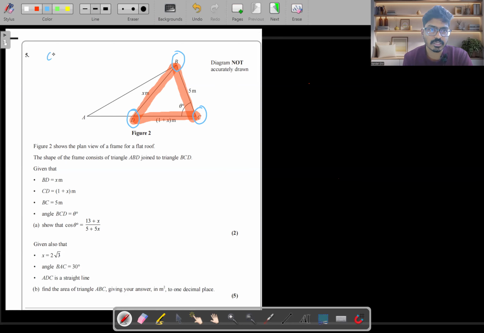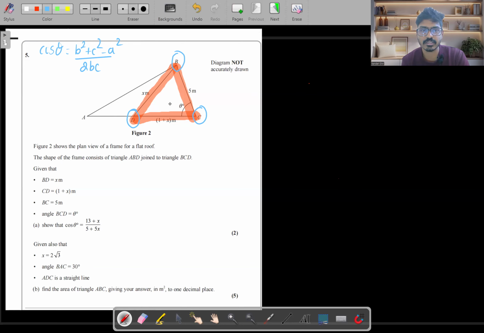So the cosine rule is given by cos theta is equivalent to a squared plus b squared... no, that is not the right formula. If I give you the concept, cos theta is equivalent to b squared plus c squared minus a squared, over 2bc.